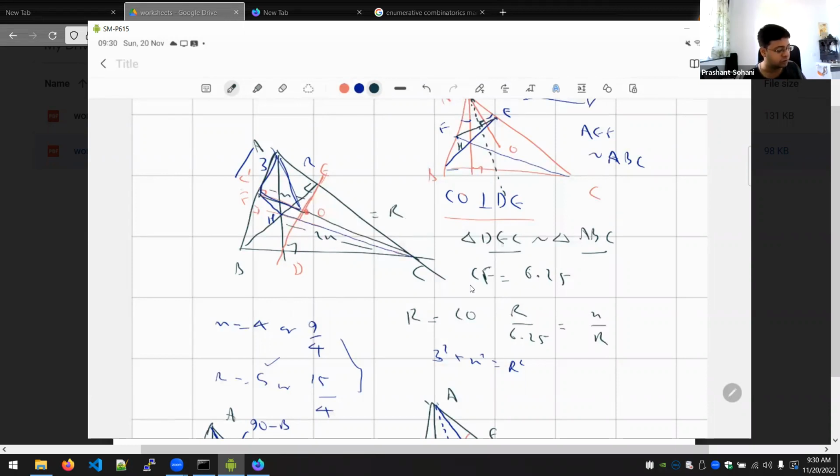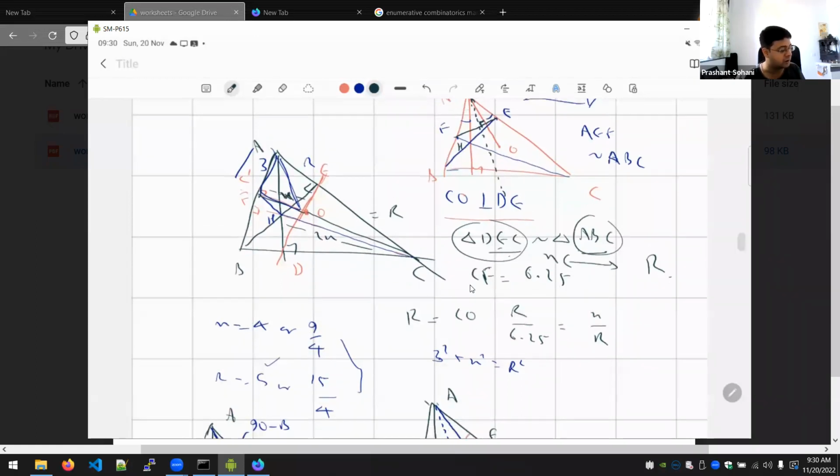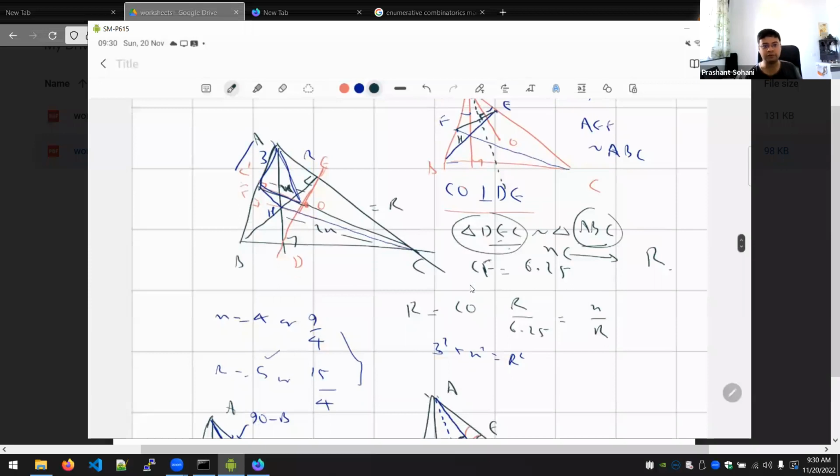And when you have two similar triangles like DEC and ABC, all of their features are going to be in corresponding ratio. In particular, their circumradii are also going to be in corresponding ratio. So if the circumradius of ABC is capital R, and the circumradius of DEC, which is half of CH, is basically OC dash, which we call X, then X and R are going to be in the same ratio as any other feature that you can compare.